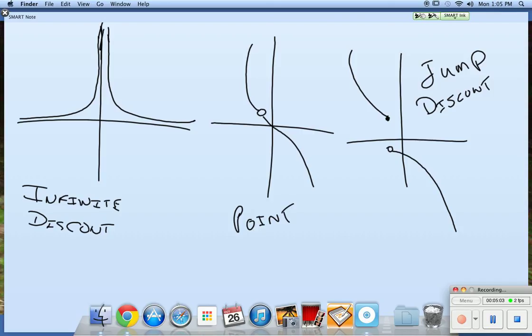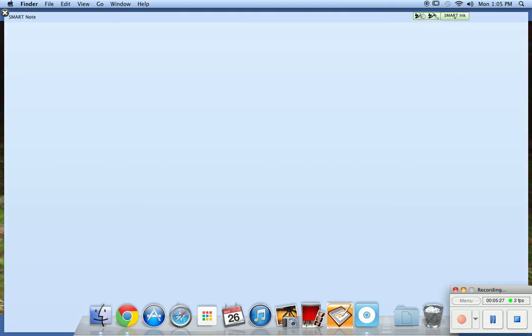All right, let's take a look at an example. Let's take a look at an equation here and figure out if it's discontinuous, and where. If we had x squared minus 4 over x plus 2, if we were going to graph this one, where would it be discontinuous, Michael?